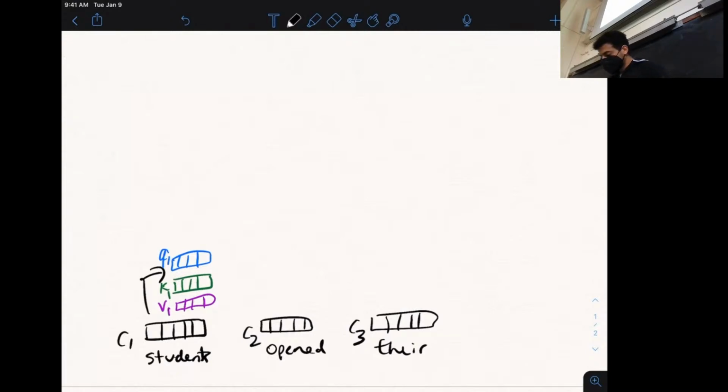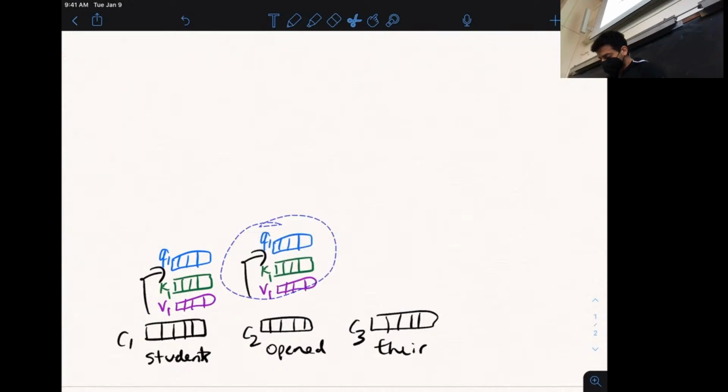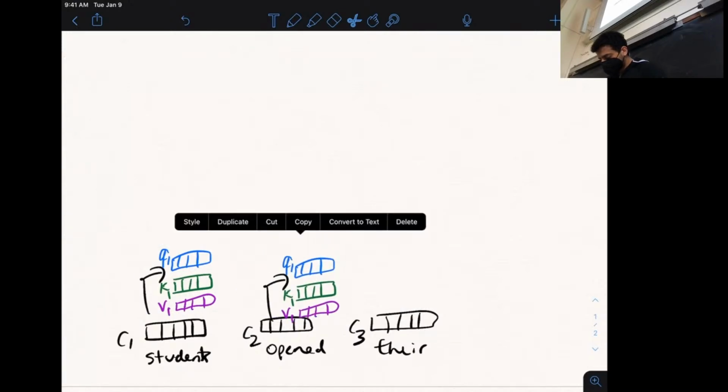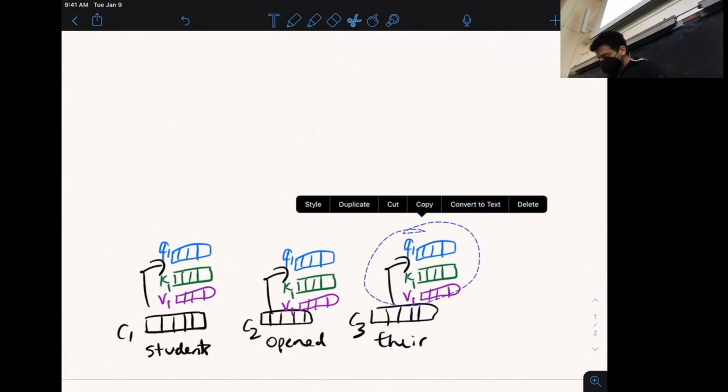So let's say we did this for all 3 of our words in this sequence. What did we do next? What did we use these query and key vectors for?